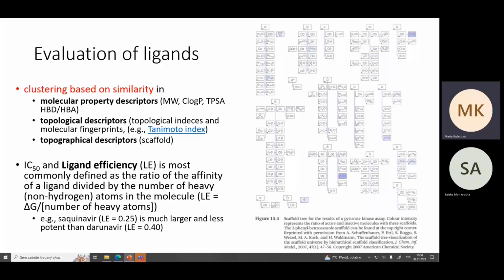Here is an illustration slide focused on clustering of ligands. So we talk now about hit compounds that have shown some activity or can show some activity. So we usually use filters based on molecular property descriptors. So it is molecular weight, lipophilicity, the number of hydrogen bond donors and acceptors.